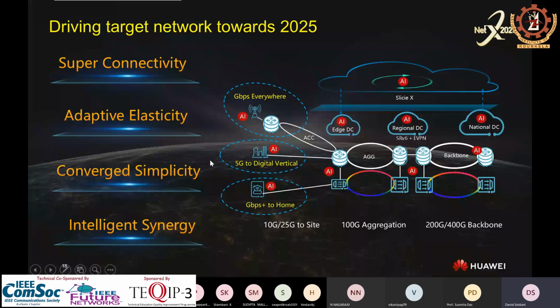So you may see that artificial intelligence is really the fundamental enabling technology to achieve this goal. So we're expecting super connectivity, and we may use artificial intelligence, as I showed you earlier, to improve the performance of the system.